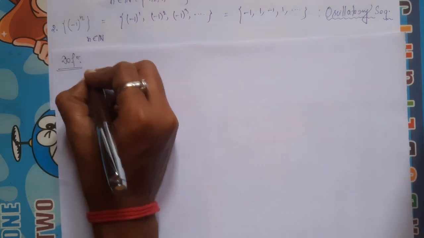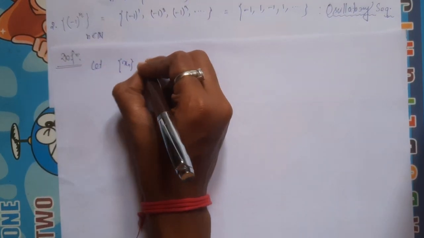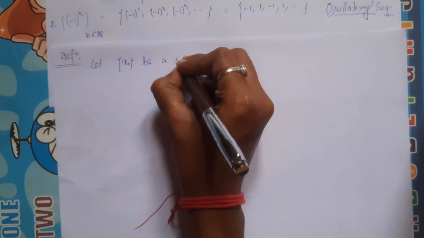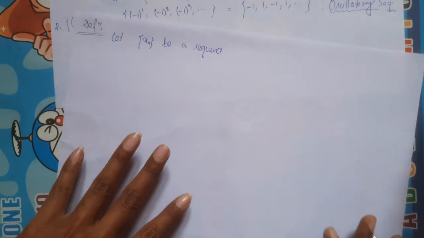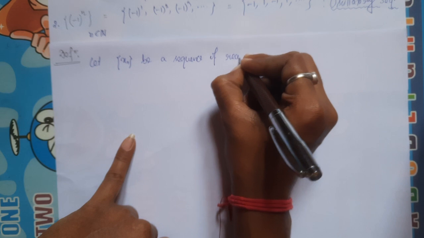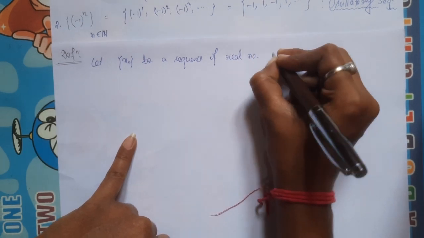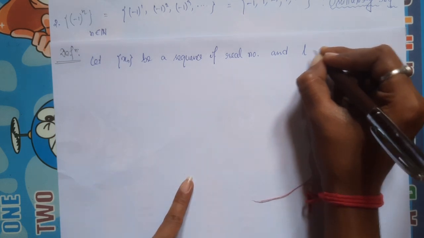Okay, so let x_n be a sequence, right? And what sequence? This is a sequence of real numbers, or a real sequence. And small l be any real number.